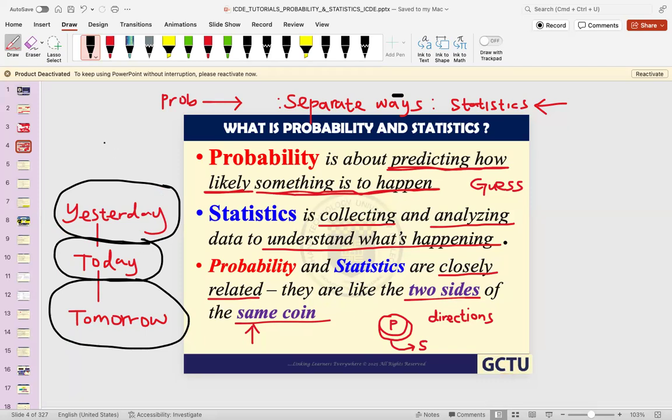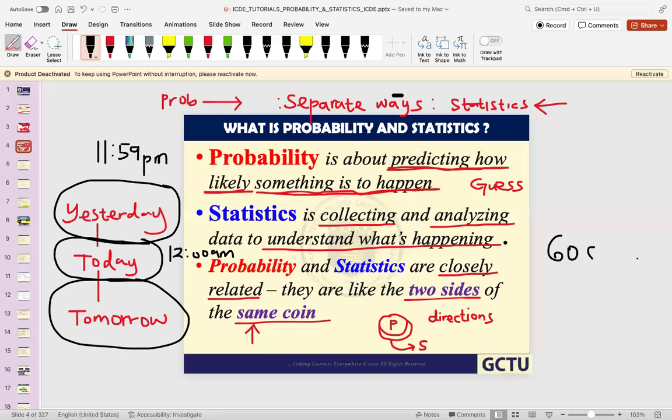Yesterday ended at 11:59 p.m. And then today started at 12 a.m. So somebody will say between 11:59 p.m. and 12 a.m. is just 60 seconds.